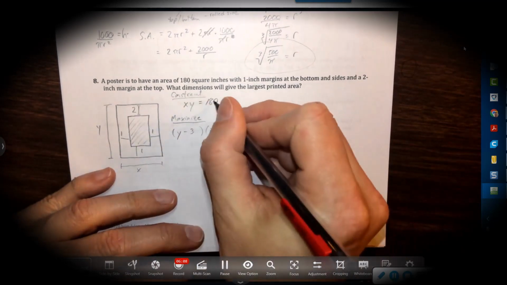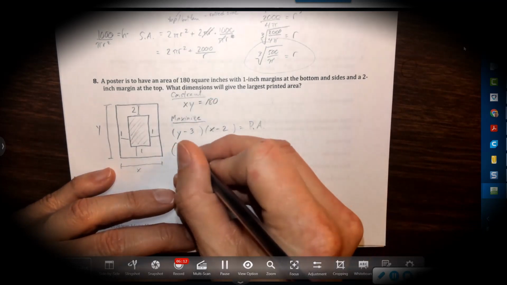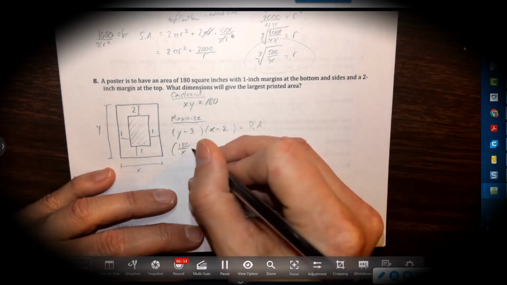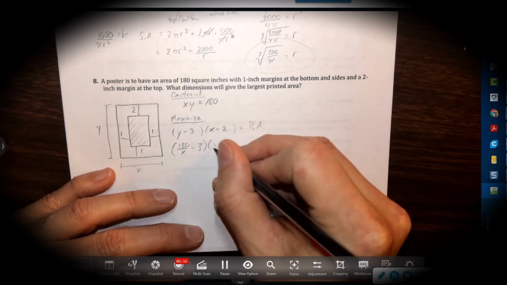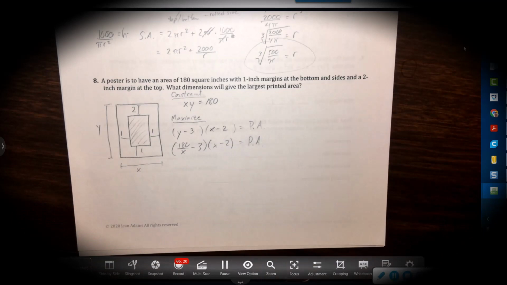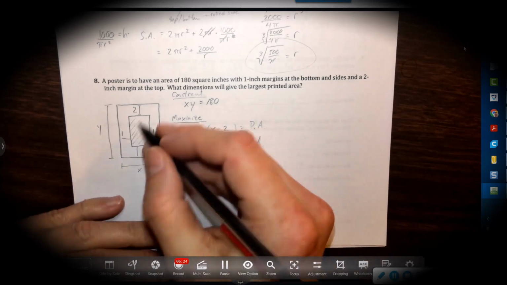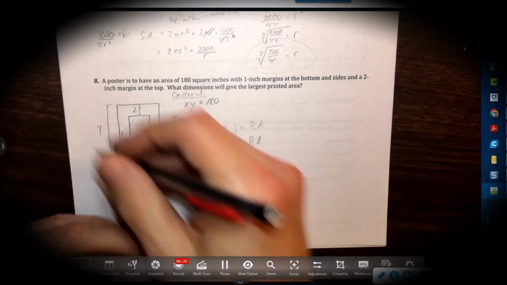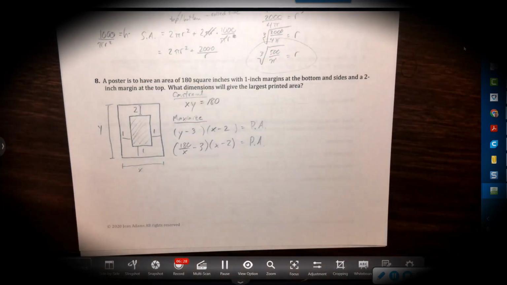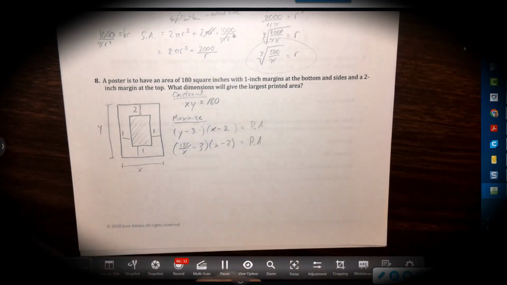And we do know that y equals 180 over x. So if we did this, 180 over x minus 3, that would give us our picture area, the shaded area, given those constraints, because the area has to be 180 square inches.